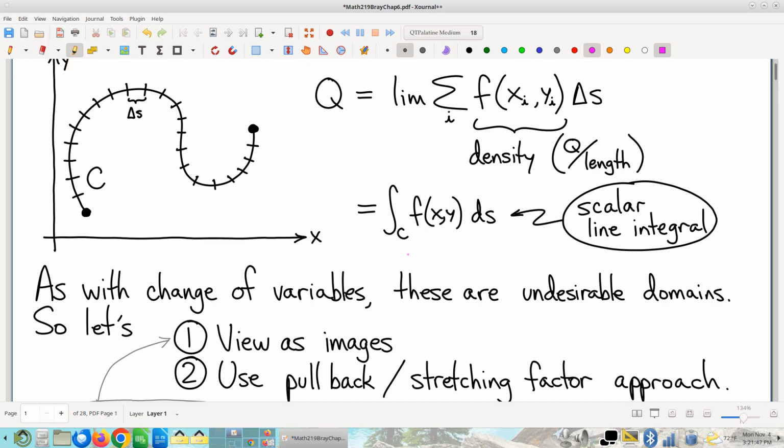Now, let's not lose sight of the fact that computing is not the only thing that we do, right? A really, really important aspect of understanding scalar line integrals is to realize what to do with them, right? When do you use them? And that's where this stuff that we were talking about up here kicks in. The reason we need to understand this Riemann sum, it's not for computational purposes.